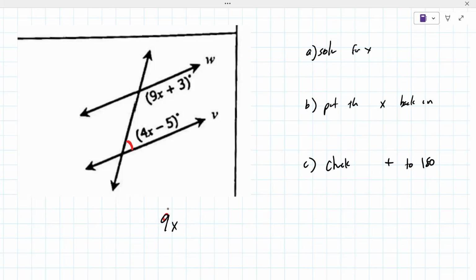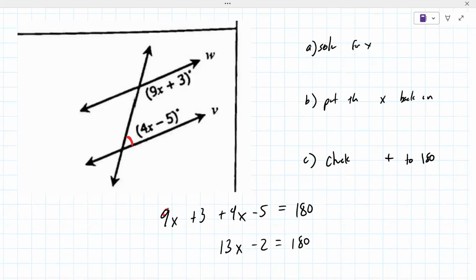Yes, that sounds good. Then 13x minus 2 equals 180, and then plus 2, 13x equals 182, x equals 14.